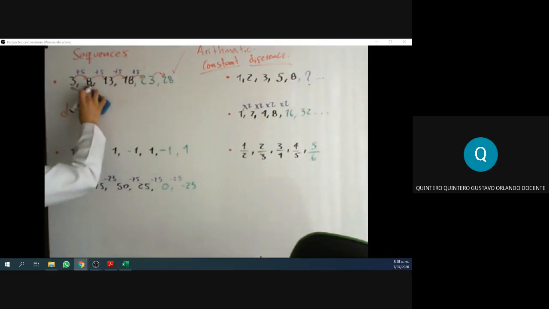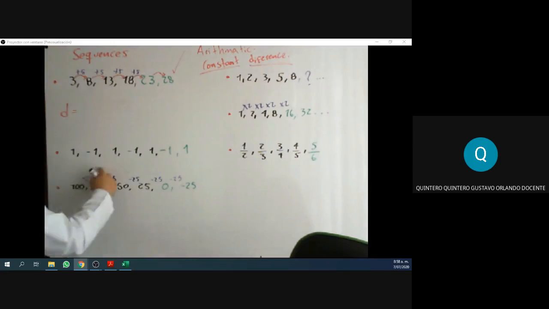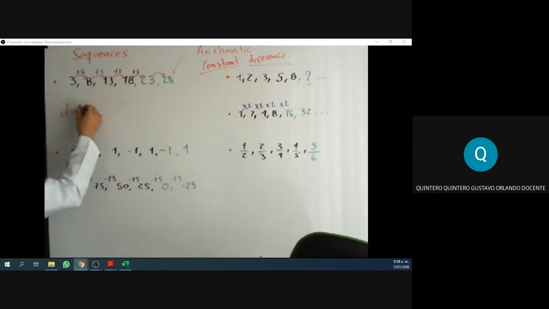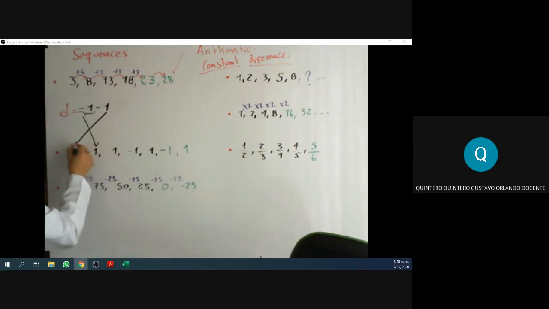The difference was 5. But let's think about the difference in this sequence over here. If I do the second term minus the first one, I have -1 minus the first one. Did you see? -1 is the second position, minus the first one, which is the first position. Right?